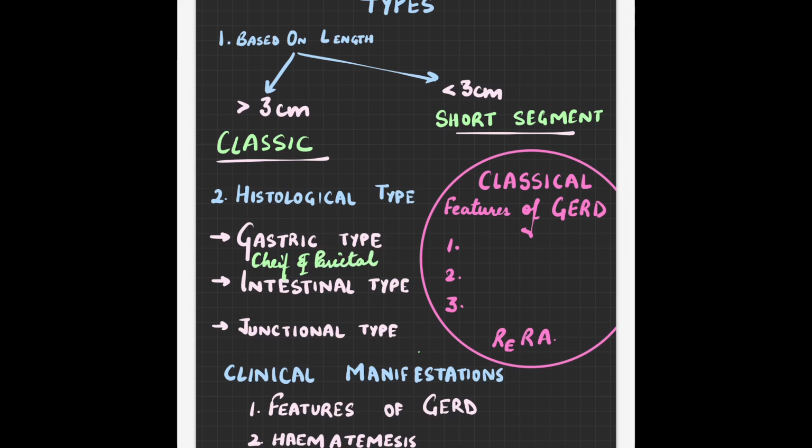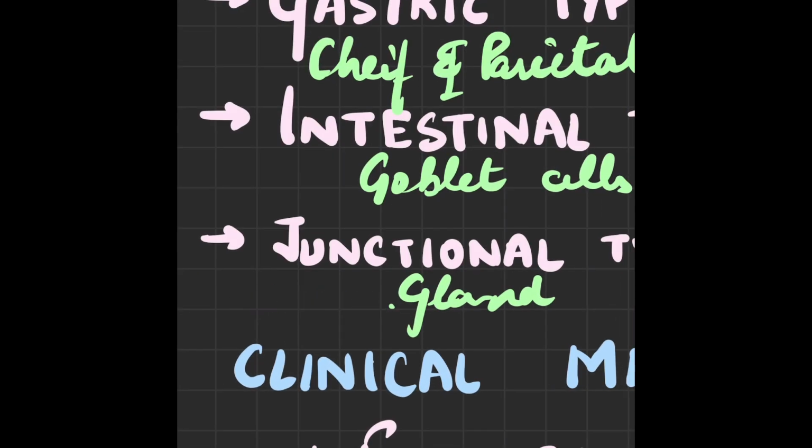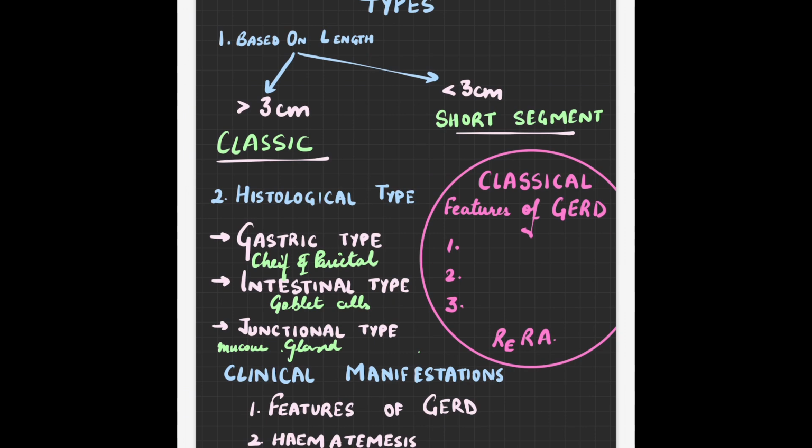In intestinal type, we all know we can see goblet cells. And on the presence of glands like mucus glands, we call it junctional type.